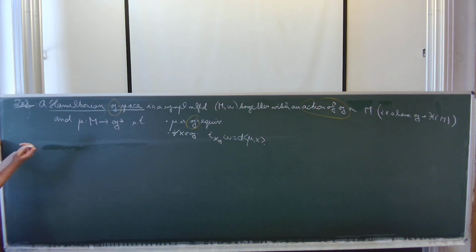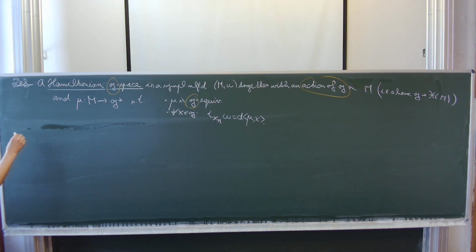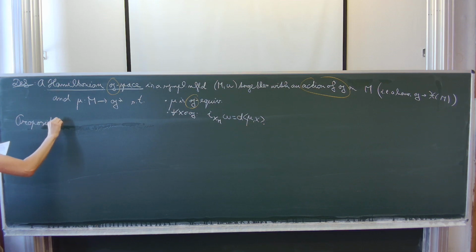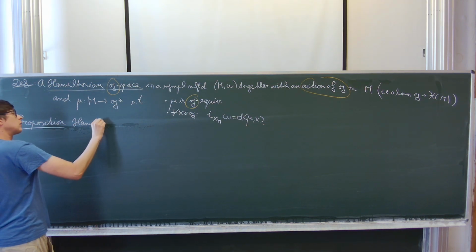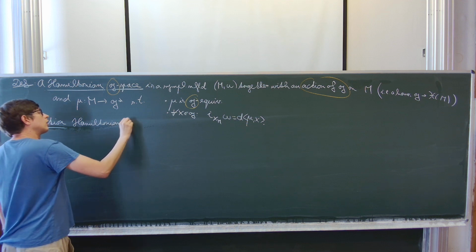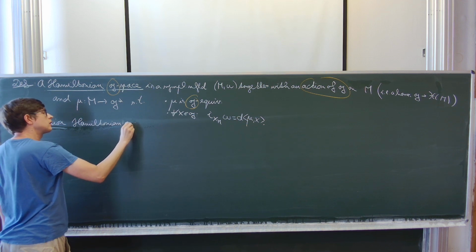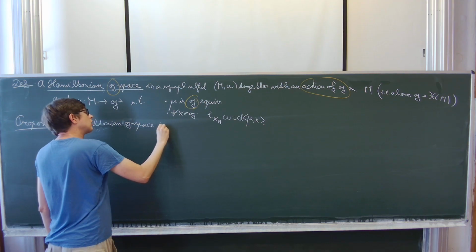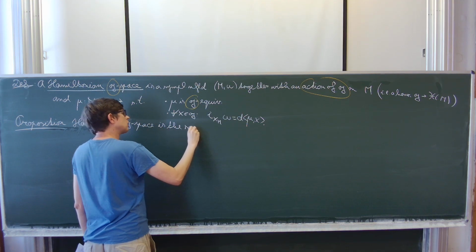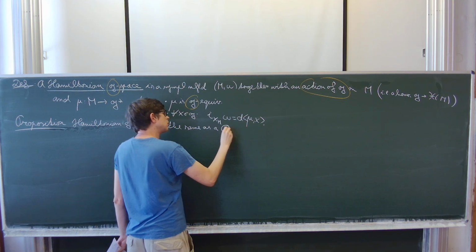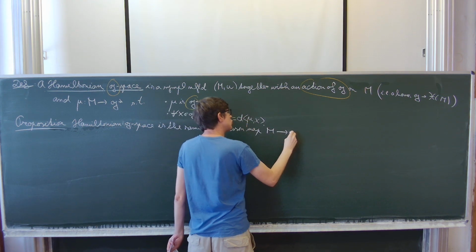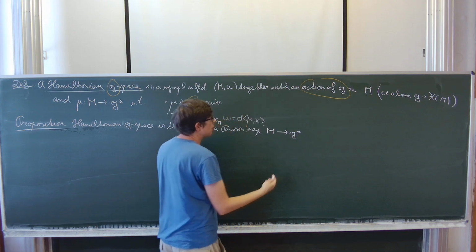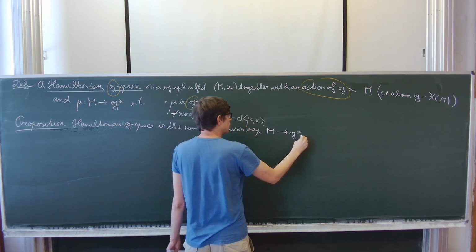One reason I don't see this as often is that it has a simple, different description: a Hamiltonian small g space is the same as a Poisson map from M to g star, namely the moment map.